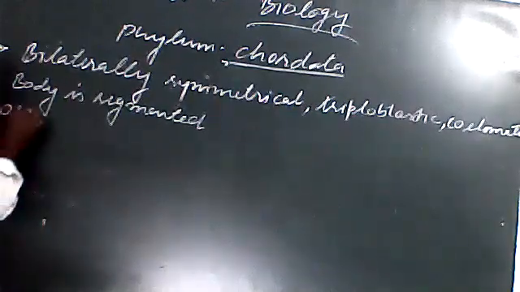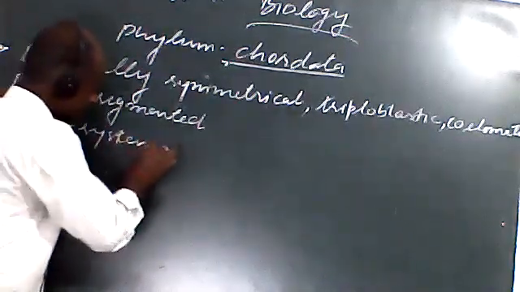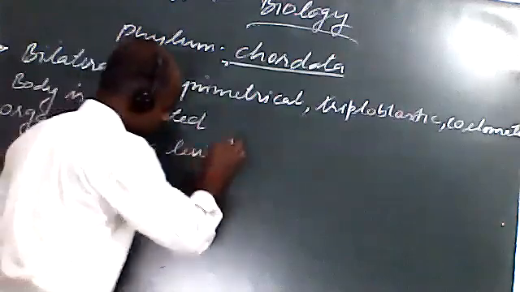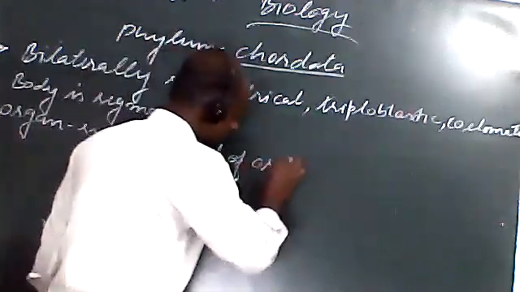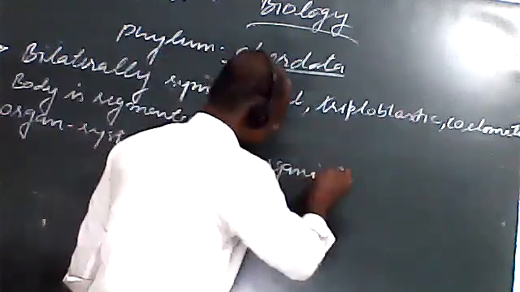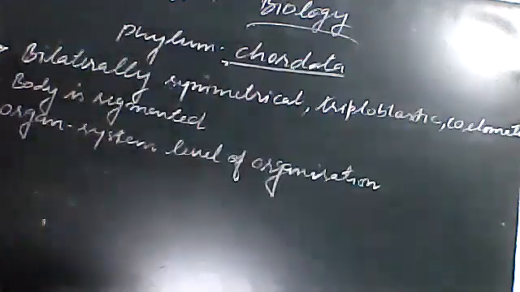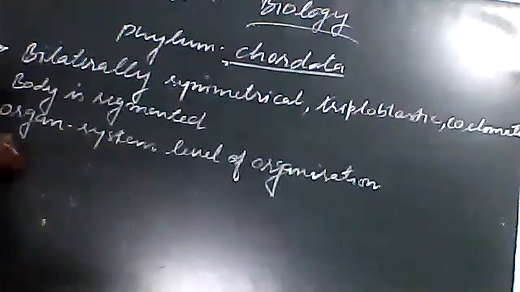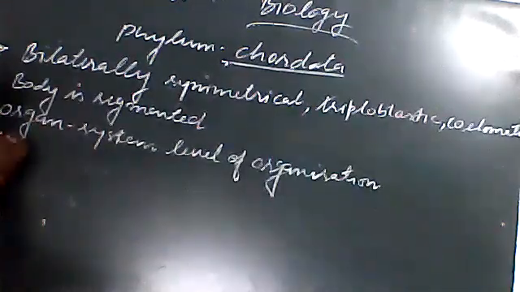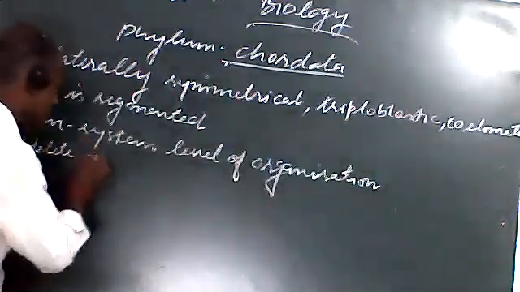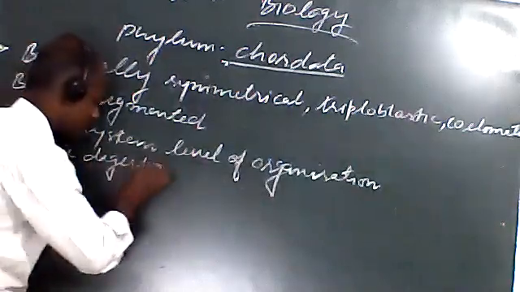There is an organ system level of organization. After that, we can say these are organisms in which there is a complete digestive tract.